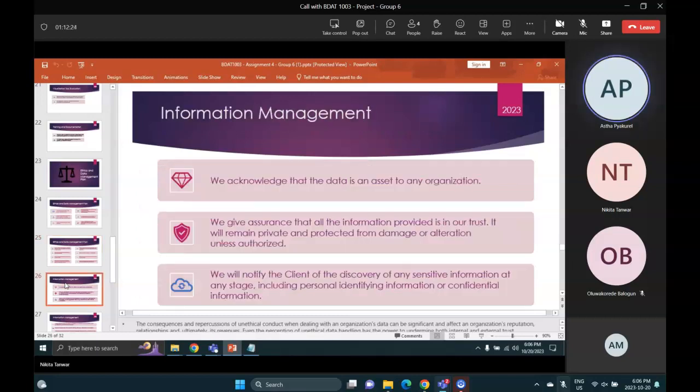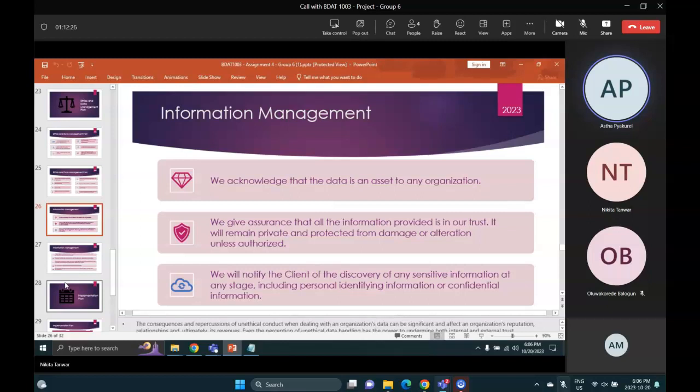For the information management, data is a main asset to any organization. So for Aspire Financial also, it goes the same, our data is the main asset. And we give assurance that all the information provided is built on our trust, and it will be protected and kept private. Data is supposed to be handled in a confidential way.